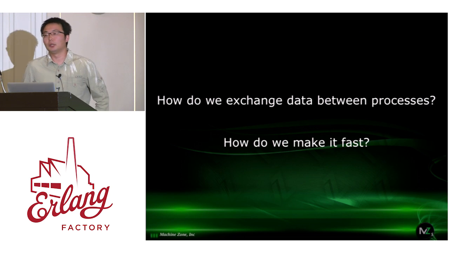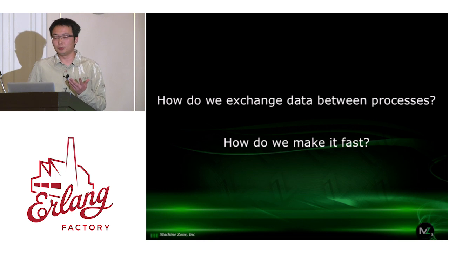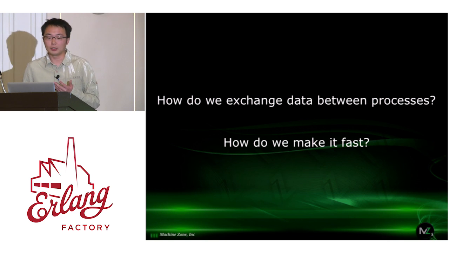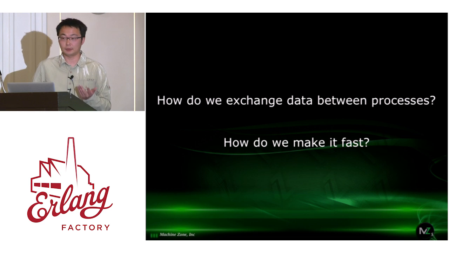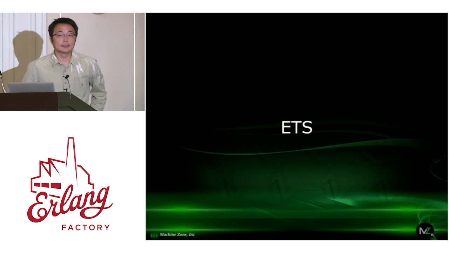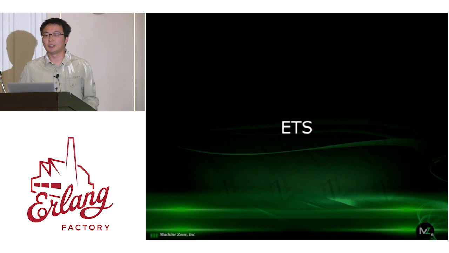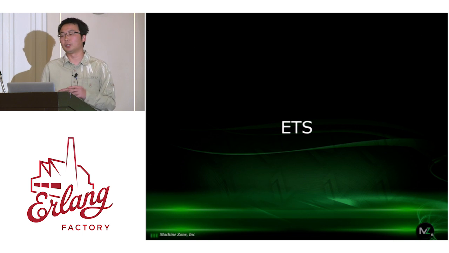It works well for a while. And then when we pushed the performance, when we increased the scale, we met with some problems, and we were thinking about how we can exchange data faster between processes. One of the solutions is the Erlang term storage, which is kind of like a shared data structure used for communication between processes.